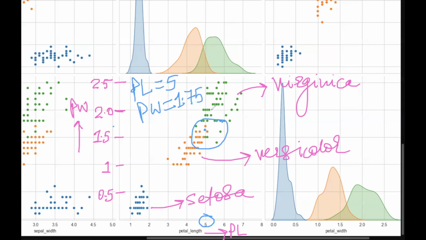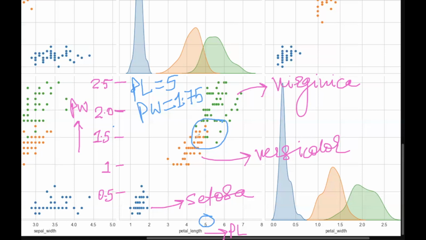Now the question here is, if you notice in this scatter plot, your setosas are very well separated from versicolors and virginicas. This is the region where you have versicolors, and this is the region where you typically notice your virginicas. Now given a point here, which is the intersection of these two regions, this is your versicolor region and this is your virginica region, right?